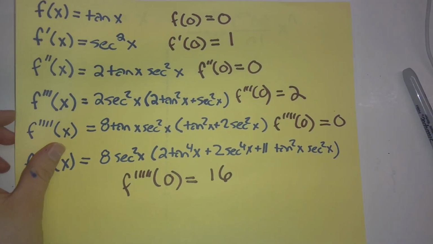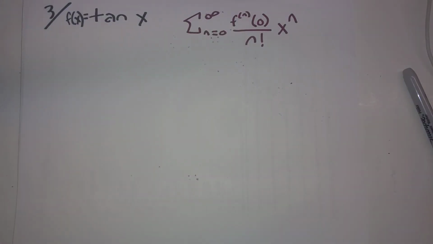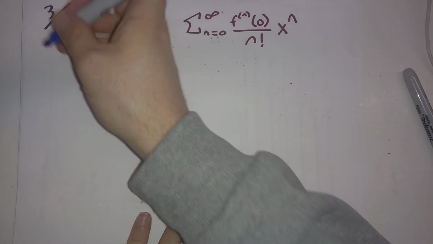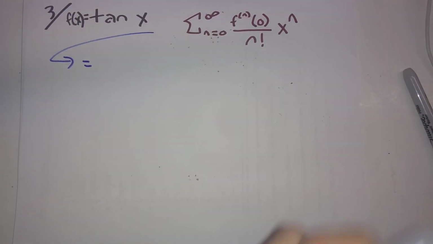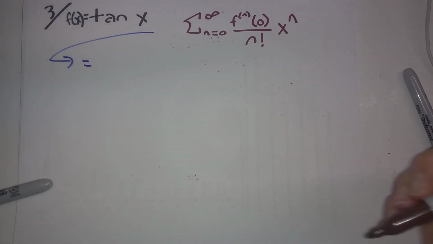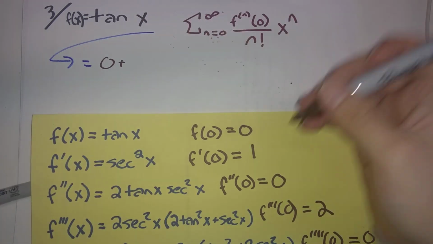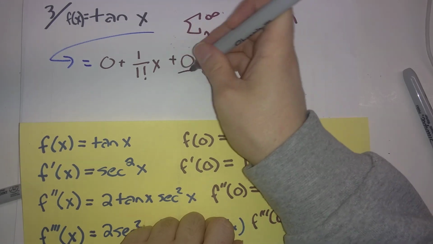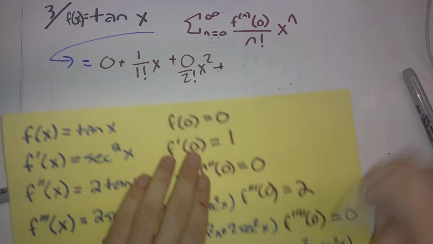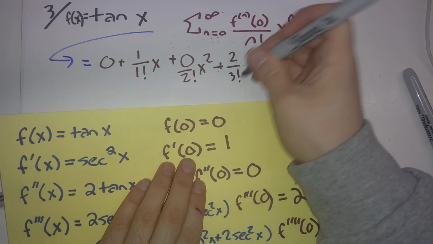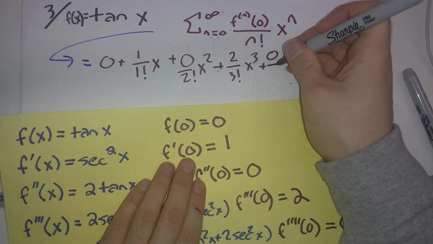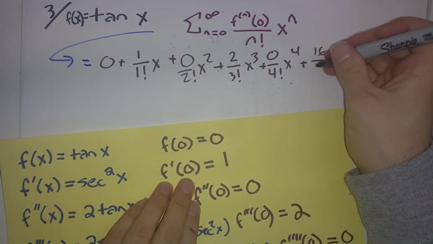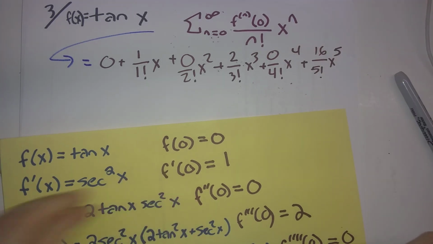The first 3 non-zero terms require going all the way out to the 5th degree. So this becomes 0 plus 1 divided by 1 factorial times x to the 1st, plus 0 divided by 2 factorial x squared, plus 2 divided by 3 factorial times x cubed, plus 0 divided by 4 factorial x to the 4th, plus 16 divided by 5 factorial times x to the 5th.